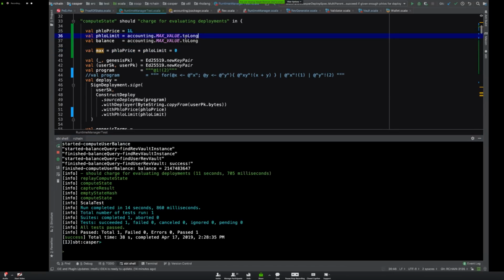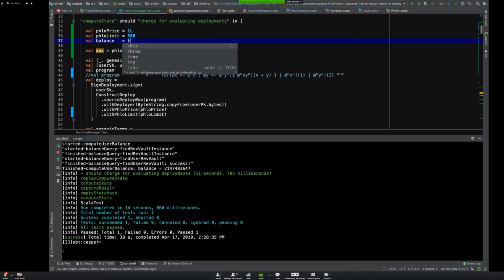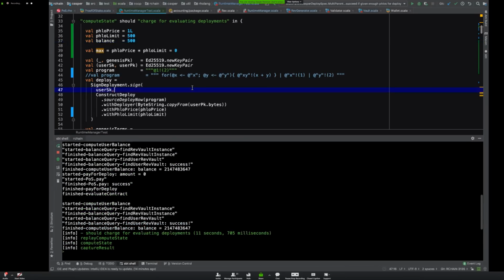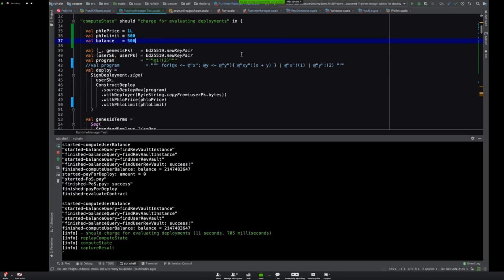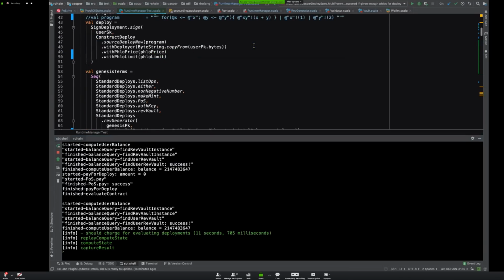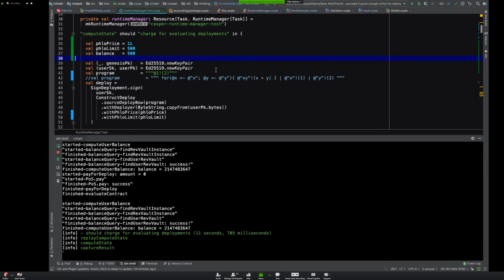Now let's do something that is a little bit more realistic. And I actually don't remember how much this one costs, so we'll have to see.